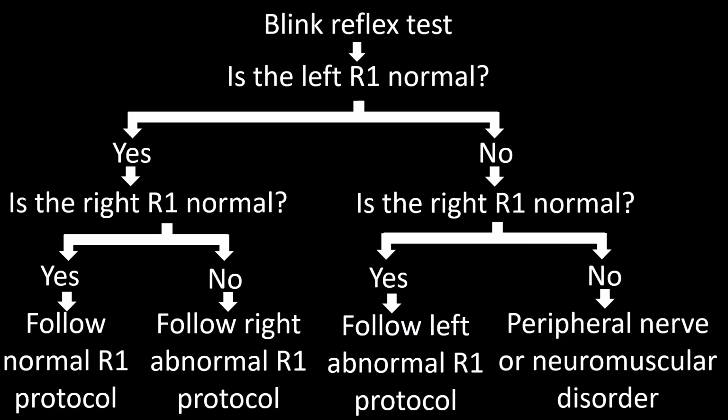Now, if we go back to the original question in the algorithm, is left R1 normal? And the answer is that it is so. And then you ask yourself if the right R1 is normal. If the answer is no, then I follow the right abnormal R1 protocol, which I will explain in the next few frames.